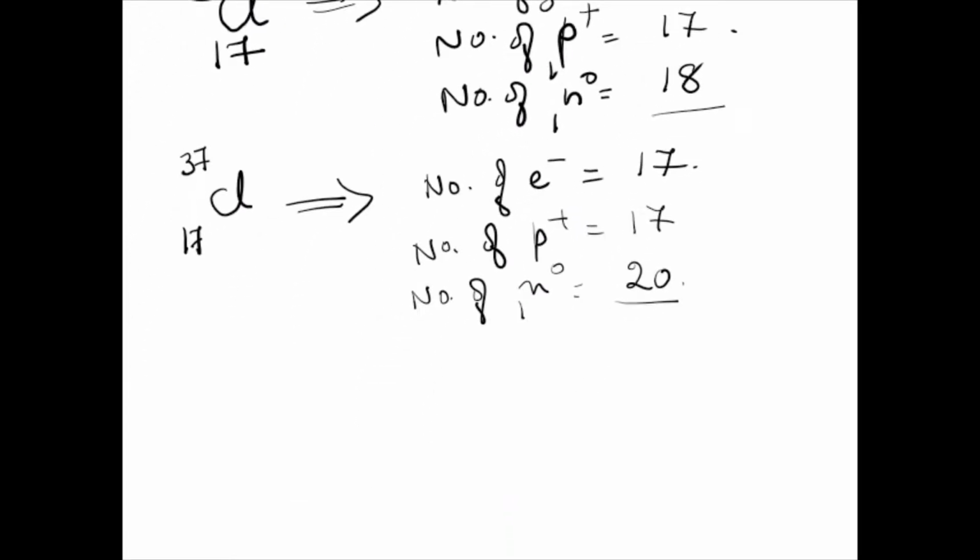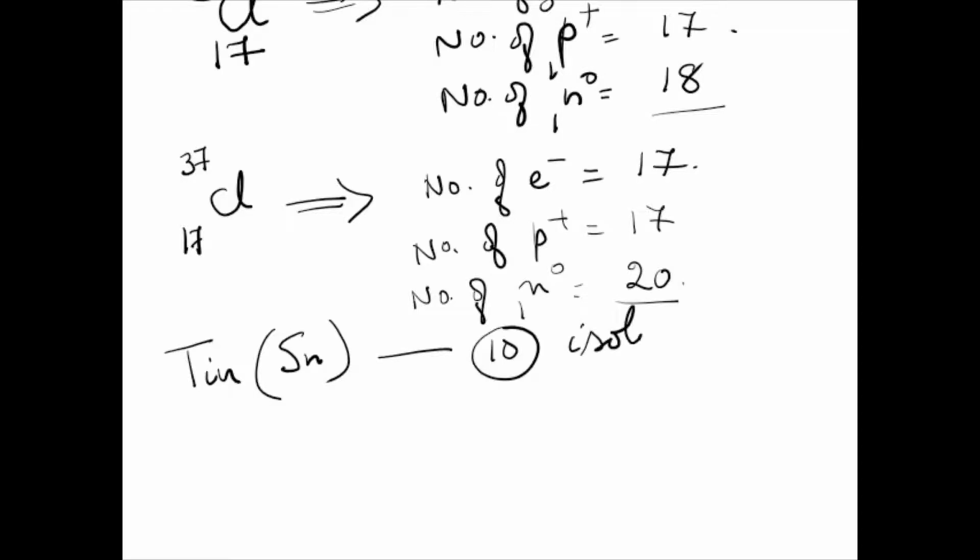Tin. What is the chemical symbol of tin? Sn. Do you remember? Sn. This has 10 isotopes, the largest number of isotopes. Now, some isotopes are stable and some are unstable.